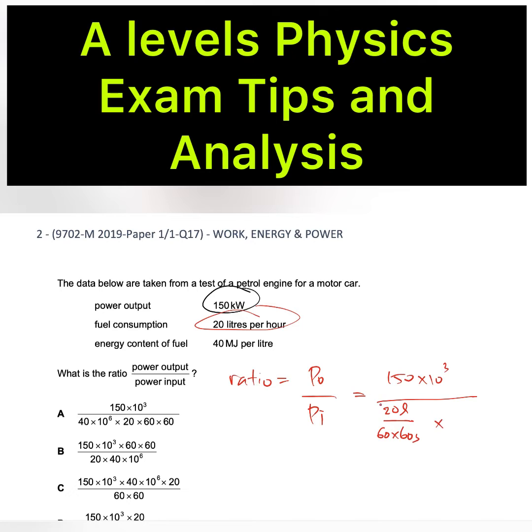Then 40 mega is 10 to the power of 6 per 1 liter. On top, this is joule and this is second, so it becomes watt. You have to be careful with the units, and the liter and liter can be cancelled out.